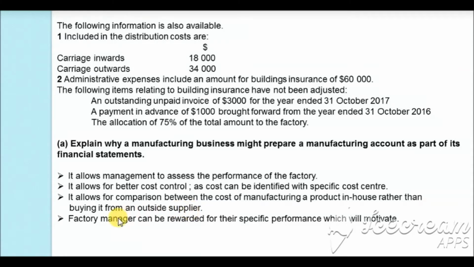And as we calculate the factory profit, this can also be used for giving a specific reward based on the performance of factory managers. And when the factory managers are rewarded based on their performance, this will be a means of motivation for reducing the cost of production in an efficient way.